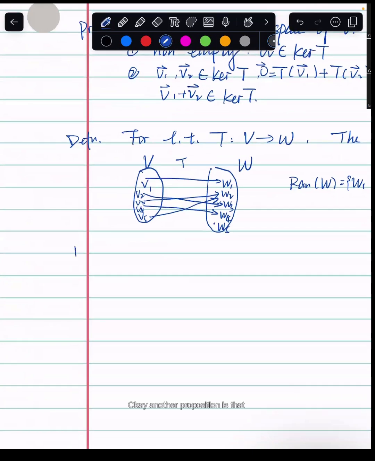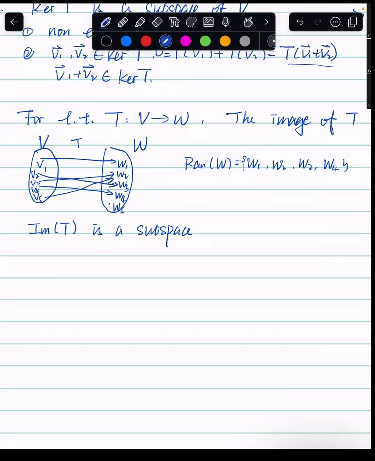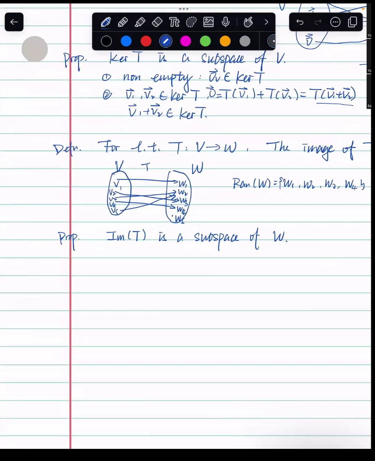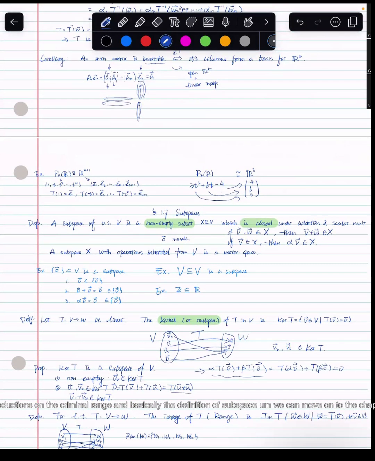Okay, another proposition is that the image of the transformation T is a subspace of W. Okay, these are just some introductions on the kernel, range, and basically the definition of subspace.